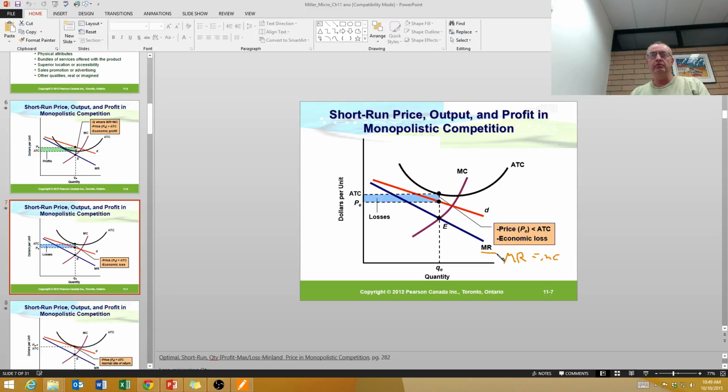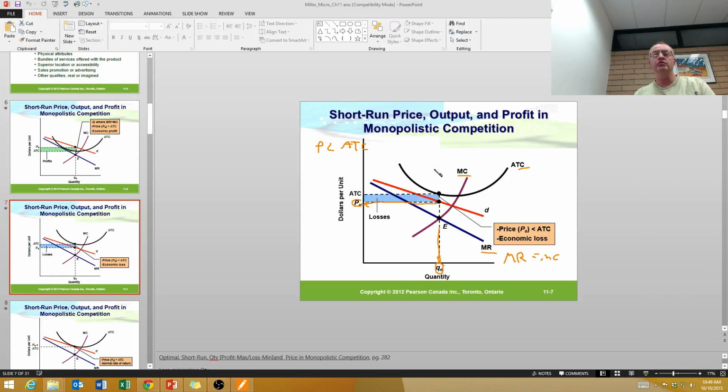So here's our marginal revenue, here's marginal cost, so here's our equilibrium quantity, and here's our equilibrium price. So first we establish our quantity, then we establish our price, and lo and behold, price is less than average total cost.